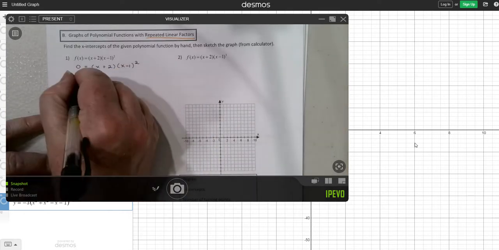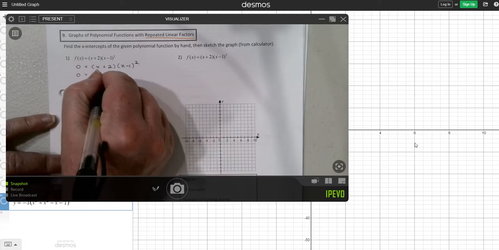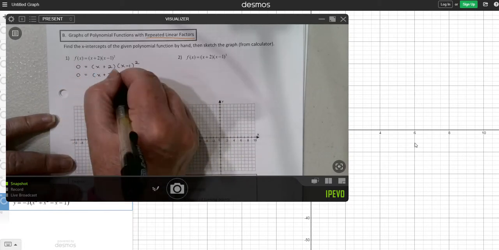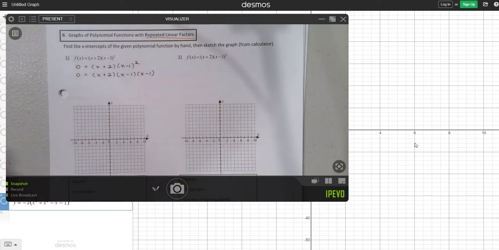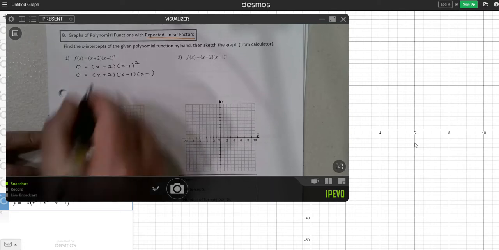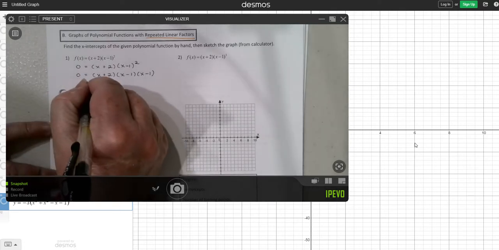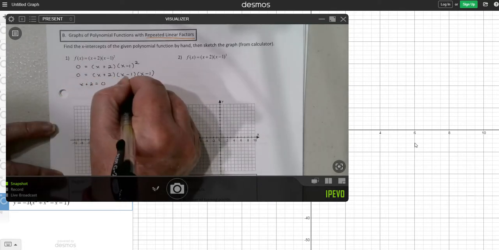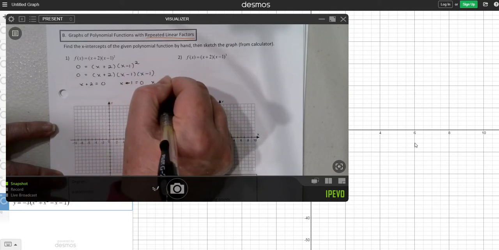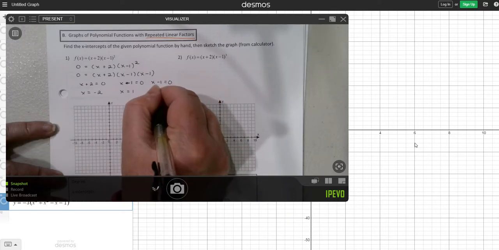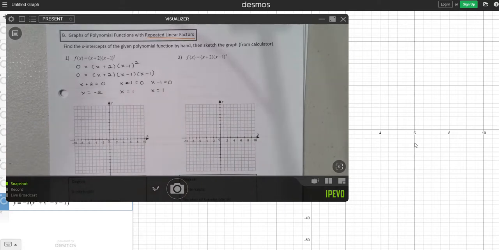I'm going to write this out, not just as x minus 1 squared, but x minus 1 times another x minus 1, which is what, of course, it really means. So if I set each factor equal to 0, I'm going to get an x equals negative 2, and then I'm going to get x equals 1 twice.